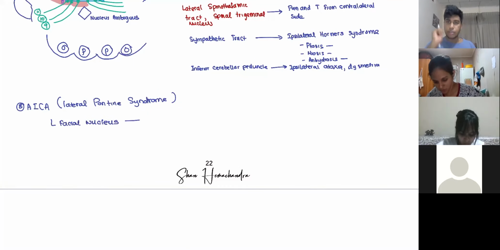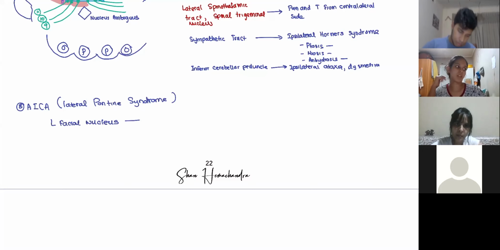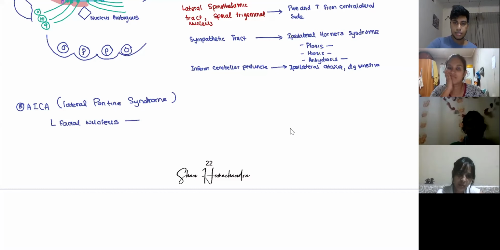So can you guys tell me this? Is the trigeminal nerve or the facial nerve involved in muscles, movement of the face? Trigeminal or the facial nerve? One is for sensory, the other one is for motor. That is expressions, all these.